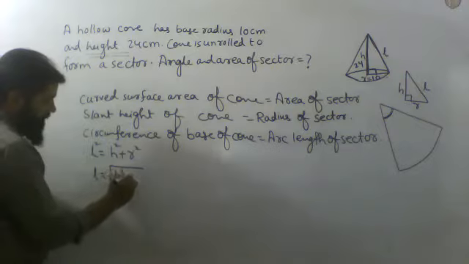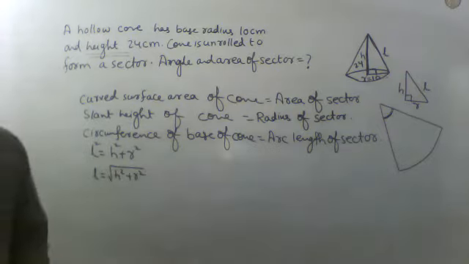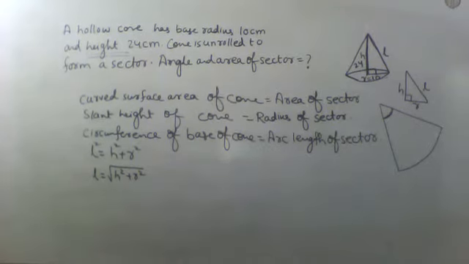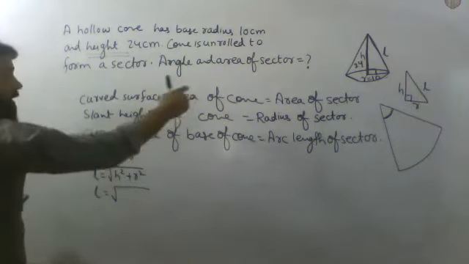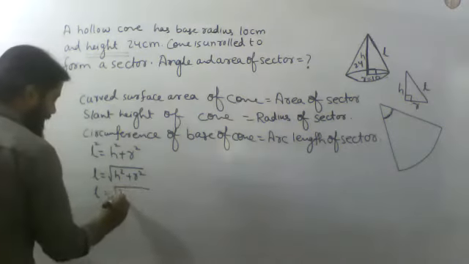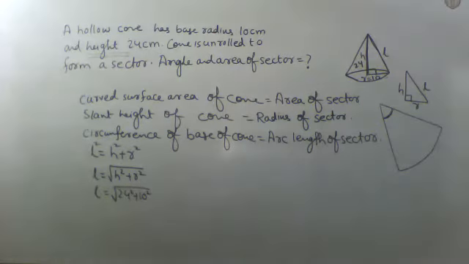Now what I'm going to do, I will plot the value of H and the value of R, and then I will see what I can get from this one. So plotting my values over here. L equals to under root H square. H is given 24 whole square plus 10 square.